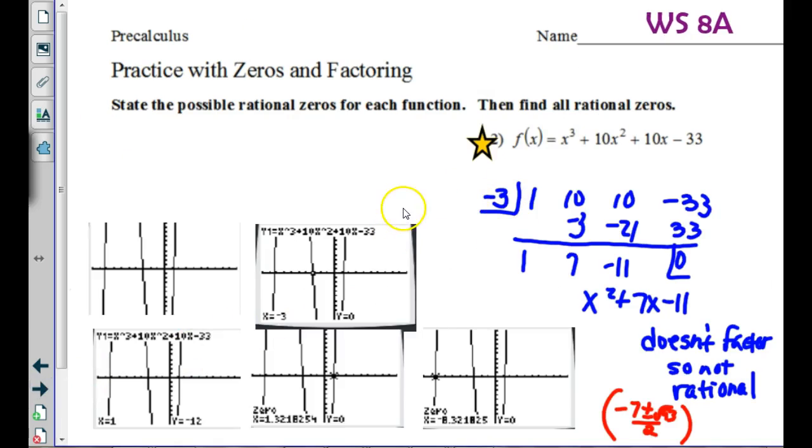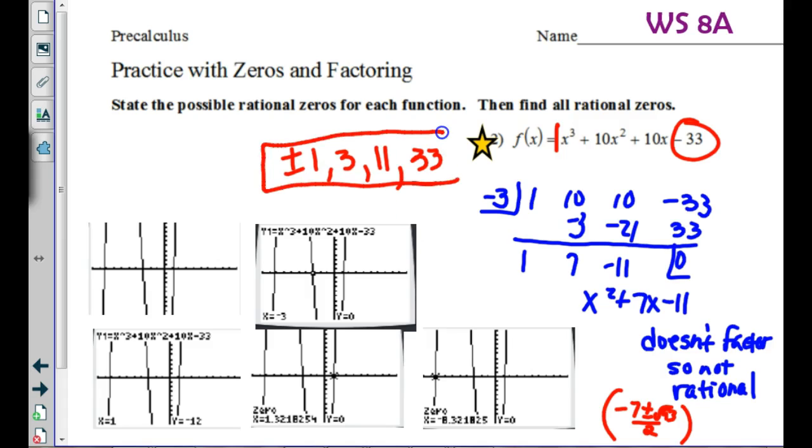Number 2, it says list the possible rational zeros. What are the possibilities for 33 over 1, guys? 1 and 33 and 3 and 11. That's it, right? So that's part of the answer for number 2.